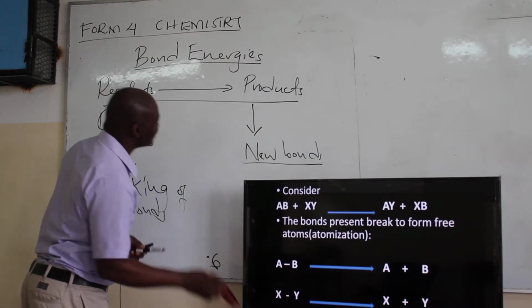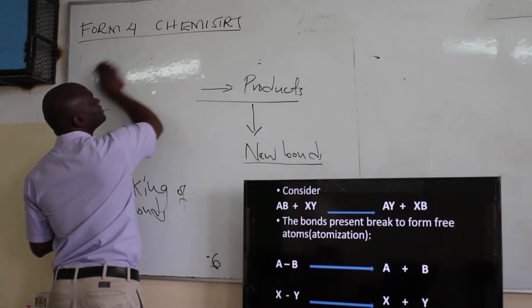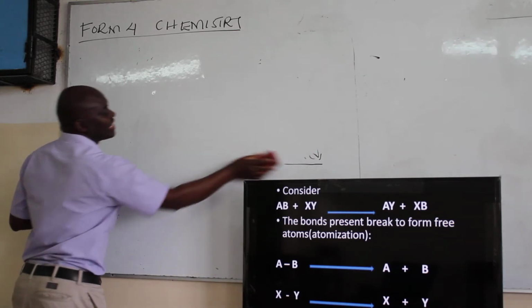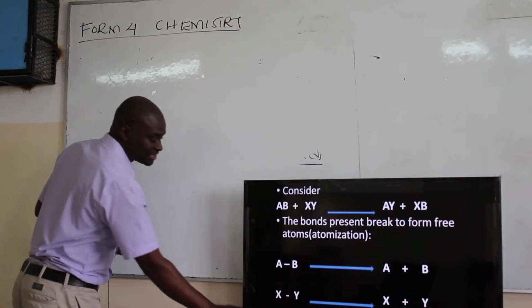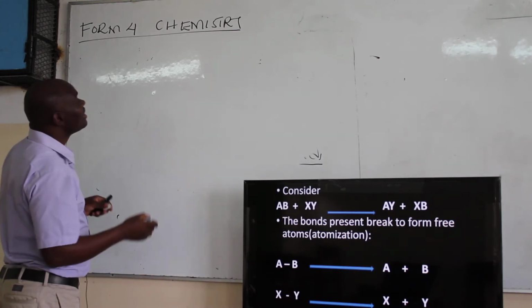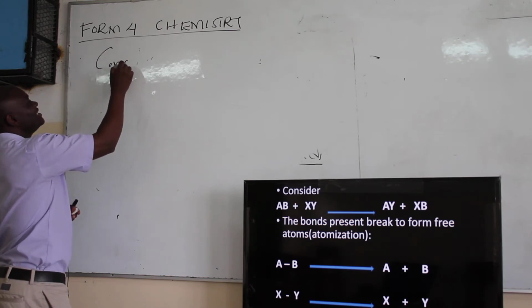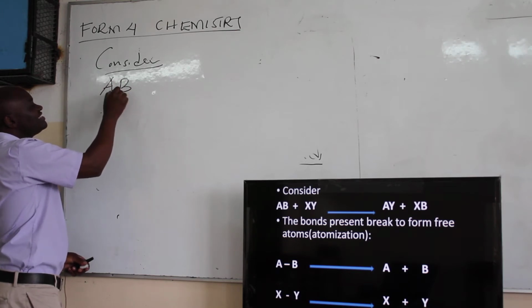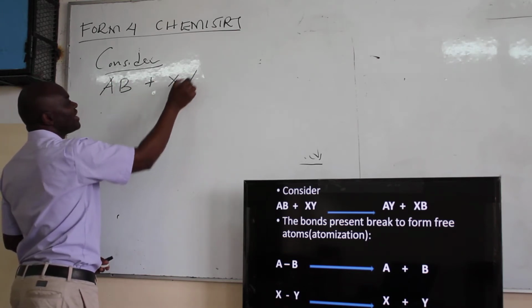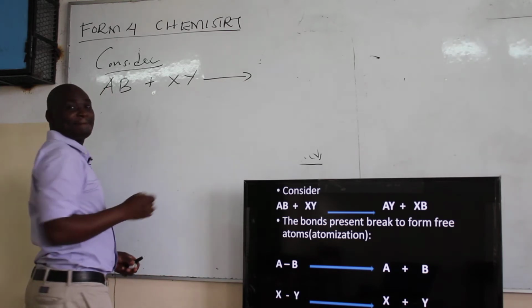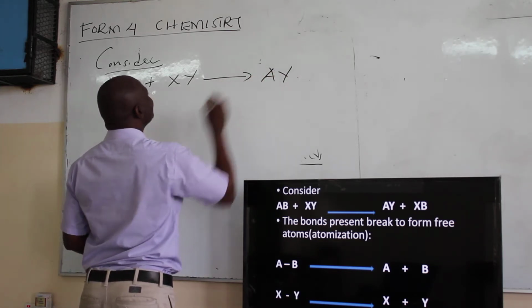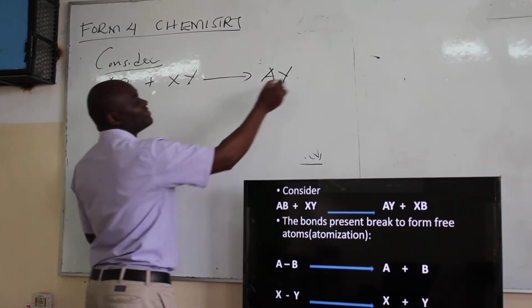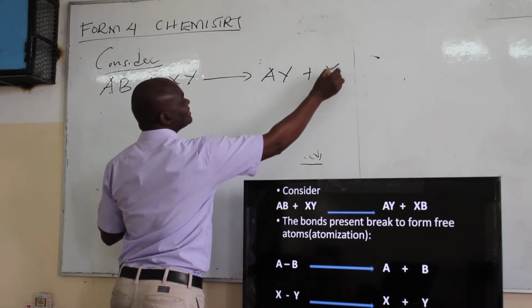To illustrate this, to explain the process of the formation of products, let us consider AB reacting with XY to form AY, because A will combine with Y to form AY and XB.